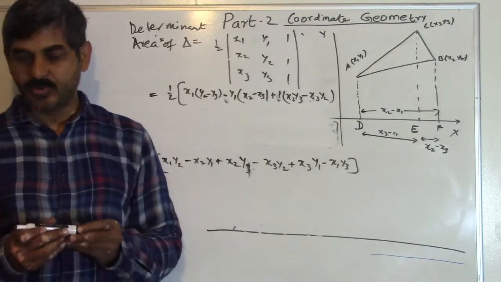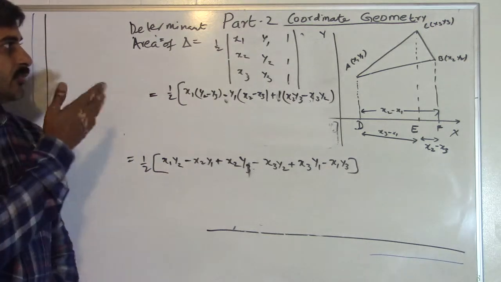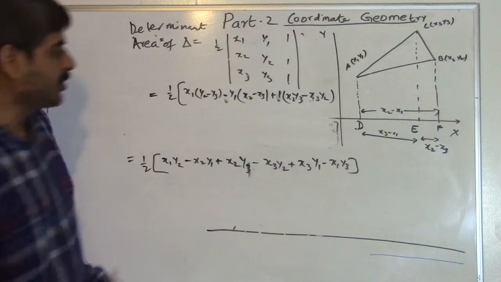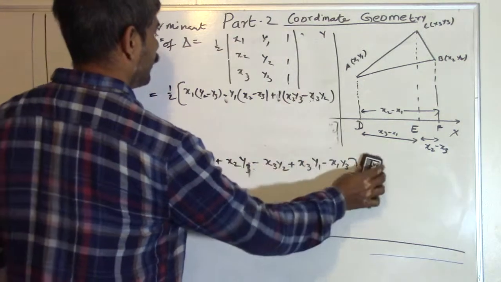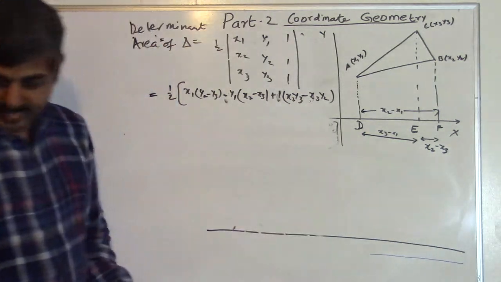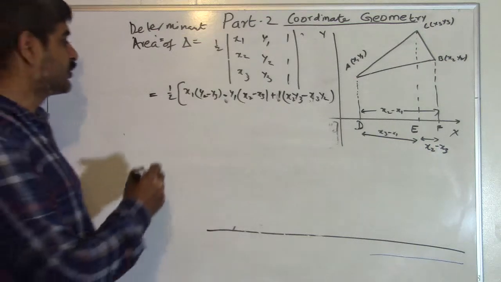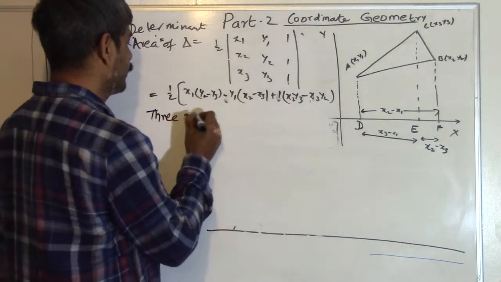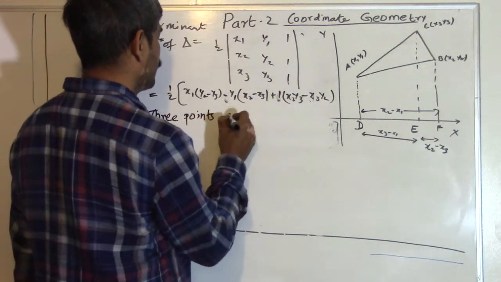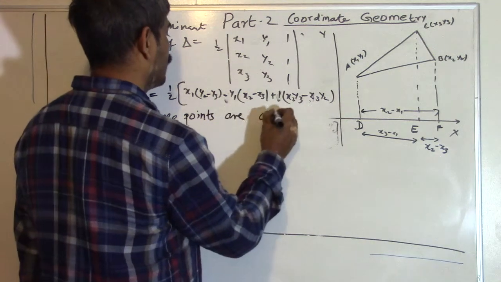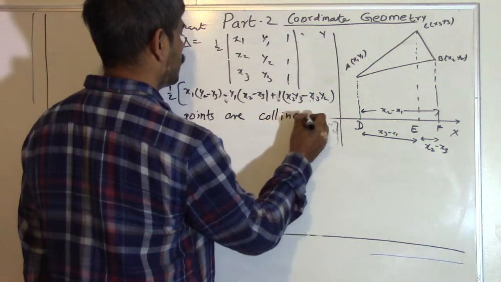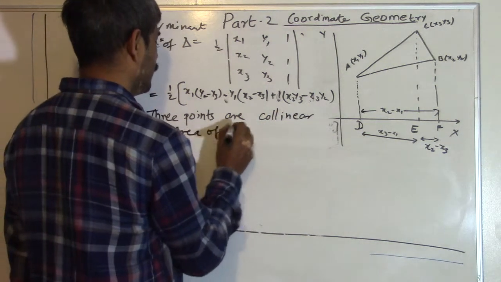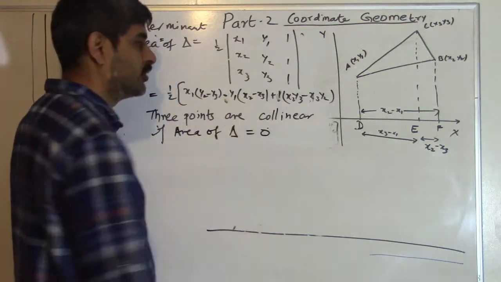There are many problems based upon the area of a triangle, and one of the common problems is that three points are collinear if the area of the triangle is equal to 0.